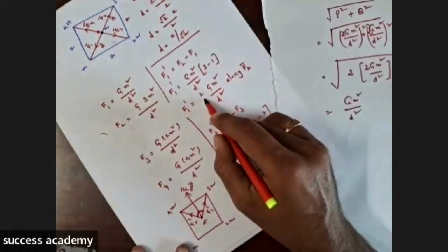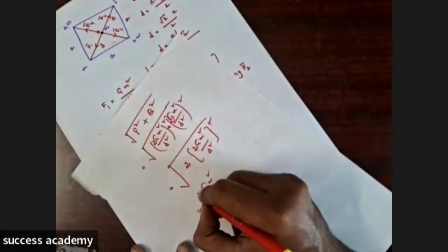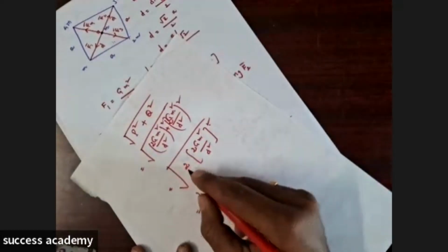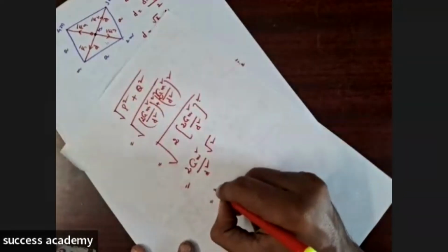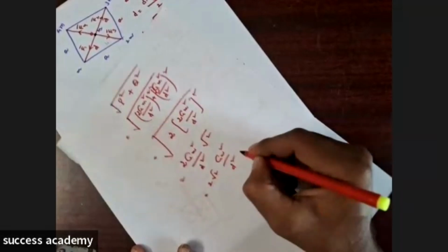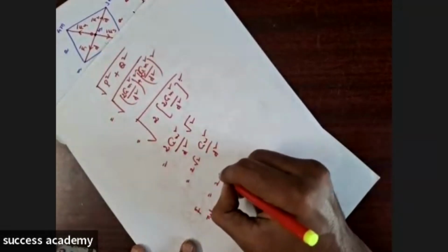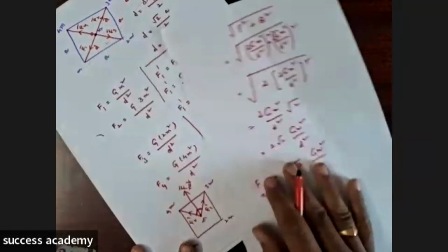Why? Because F1 dash is 2gm square by d square. Now this 2gm square by d square take out from the square root, and for the 2 there is no square, and that's why as it is you consider the root 2. Now the answer is 2 root 2 gm square by d square. That is F net is equal to 2 root 2 gm square by d square. D is equal to what's the value? D is equal to a by root 2.